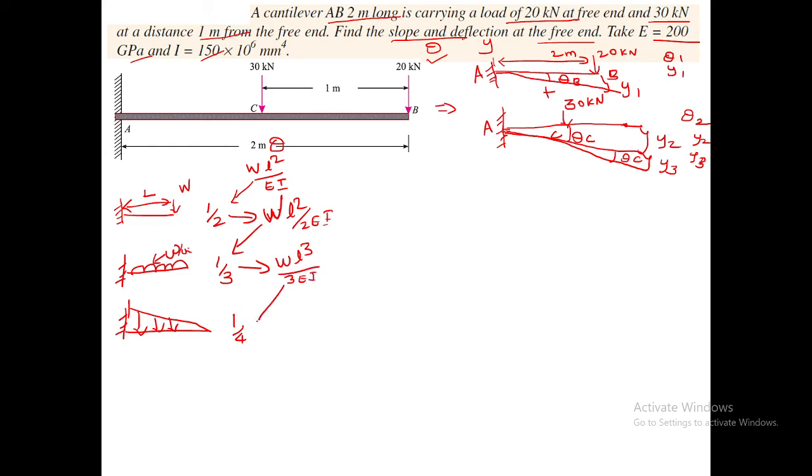And next, multiply with this one and get the slope of uniformly varying load, WL cube by 24EI. This is one shortcut, covering case 2 and case 3.